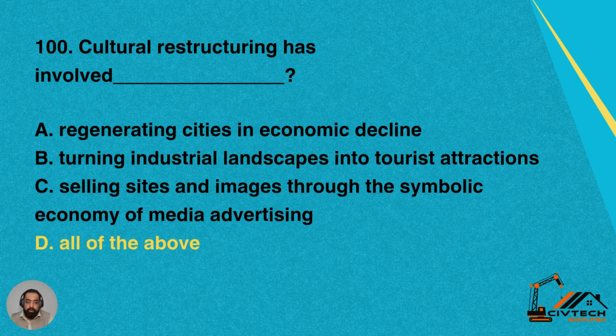So all these are cultural restructuring, like regenerating cities in economic decline, turning industrial landscape into tourist attractions, selling sites and images through the symbolic economy of media or the social media. You promote your area, promote your cities through beautiful pictures and videos. So all these are cultural restructurings.